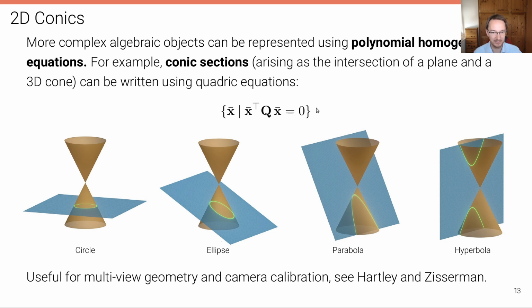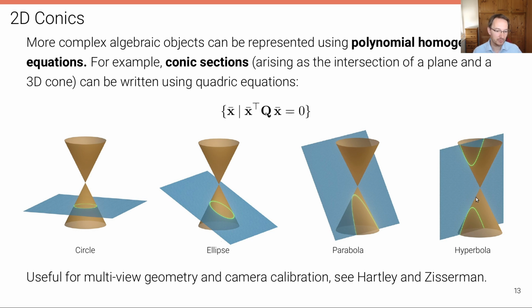So here we have a quadratic expression, and the solution to this quadratic expression is a conic section, which is a section of a cone with a plane. And this gives a result to such a curve here. Depending on how we orient that plane, which is defined by the Q matrix, we get either a simple circle, an ellipse in this 2D space, a parabola in this blue 2D space, or a hyperbola in this 2D space.